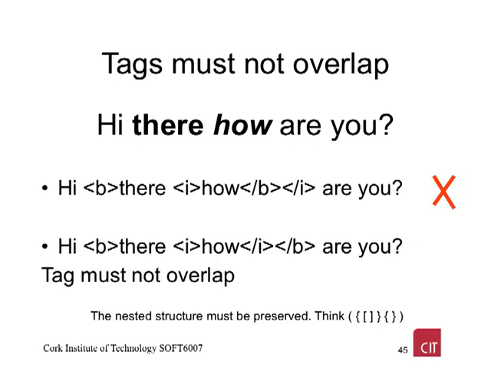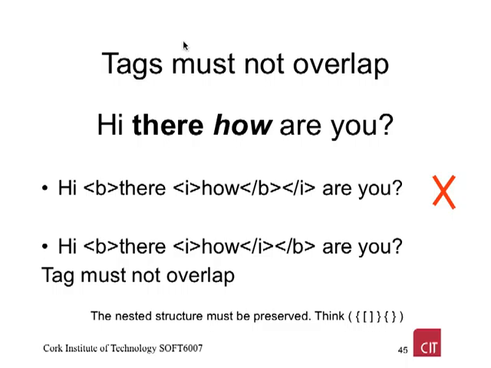So here, for example, we're turning on bold, and we're also turning on italics, because we want "there" and "how" to be in bold, but we want only "how" to be in italics.